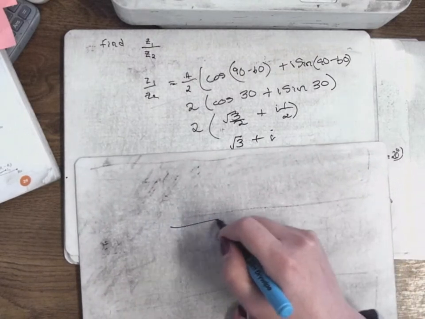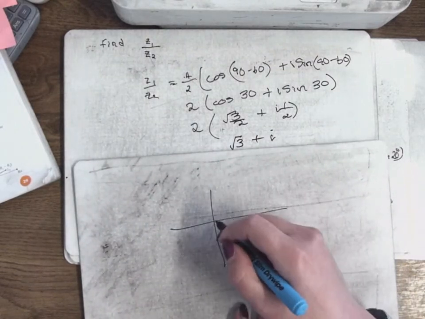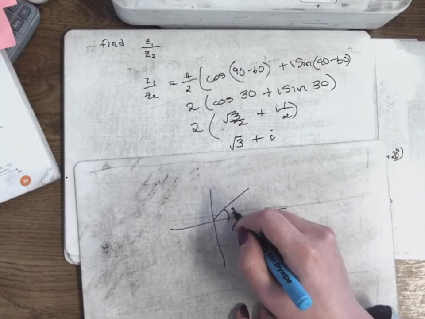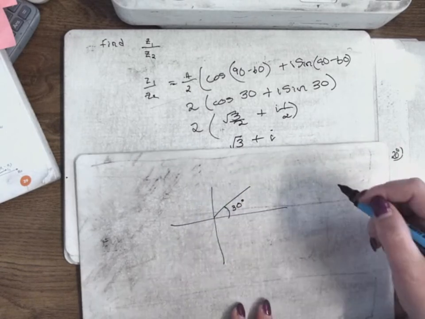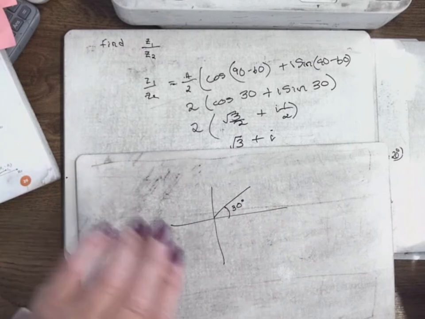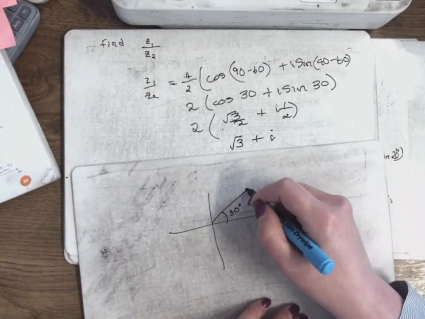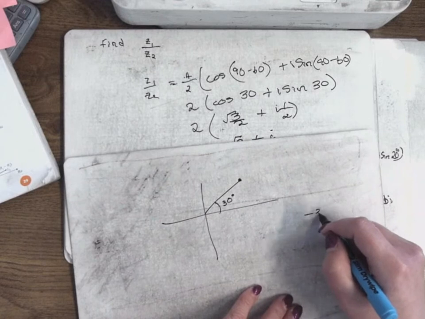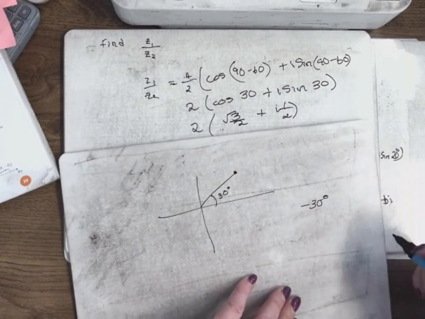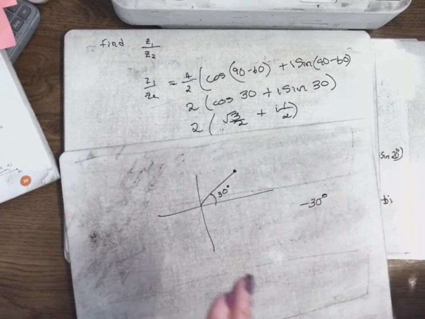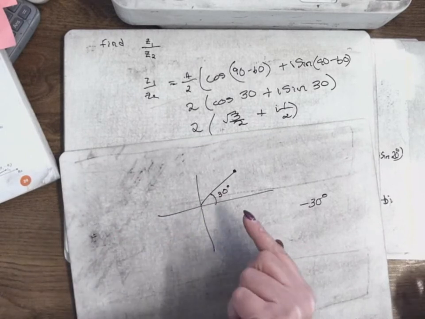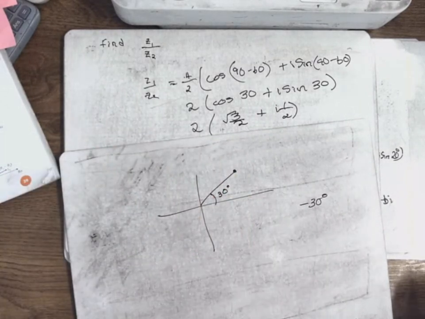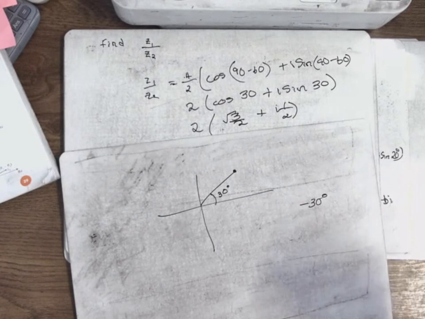If we end up with a plus 30, that means it's here. You always go anti-clockwise from the positive x-axis, so the complex number is there. If you ended up with a minus 30 degrees, that means you go clockwise.